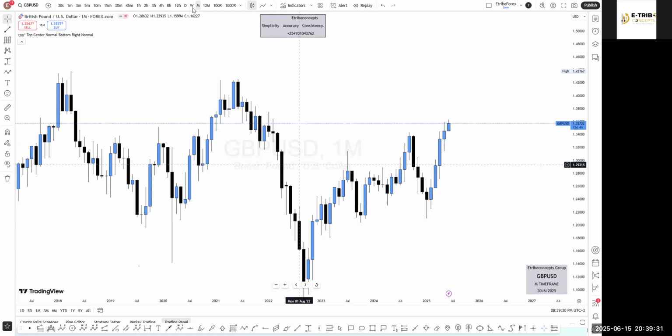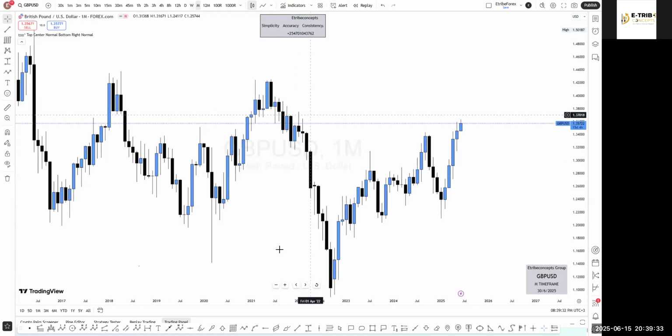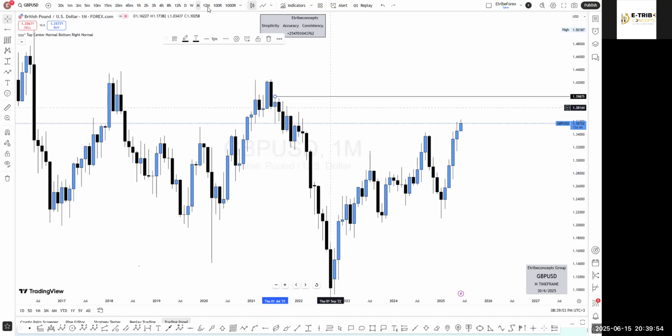Looking at the recent areas of liquidity, you can see this one was consumed. And where price is right now, this is an important area for me. There's this left structure here. That's where I'm targeting.